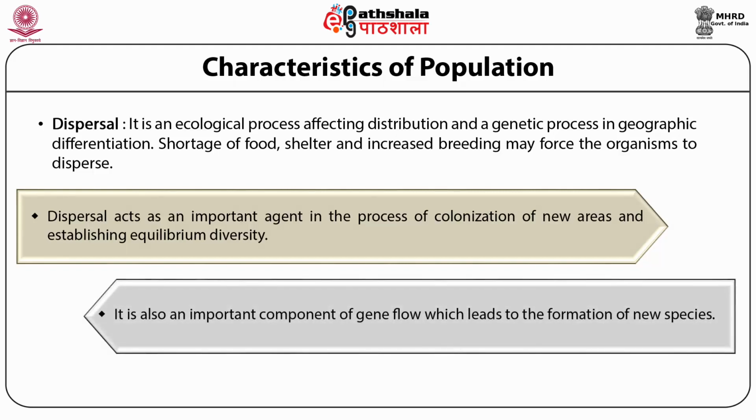Dispersion is also an important component of gene flow, which leads to the formation of new species. In addition to natality and mortality, dispersal also helps populations in shaping their growth forms.